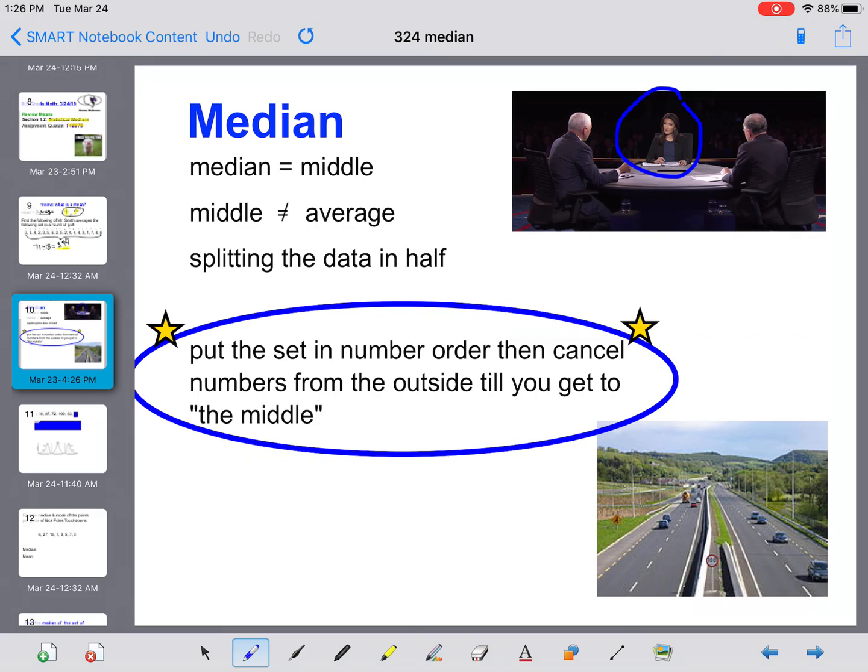This person is called a mediator between a debate of two people. The person in the middle that's kind of keeping control, staying in the middle between the two, is a mediator. Do we hear the word median and the word mediator? Also, so we look at this, the median is the middle.